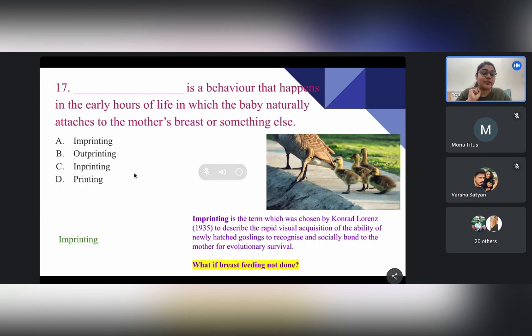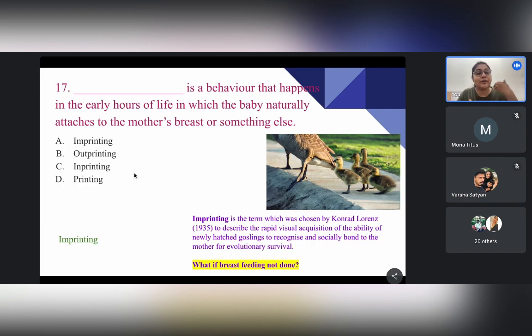Now say for suppose there is somebody who did not initiate breastfeeding, and she initiated bottle feeding for the first time. The child will now have the tendency of treating that as the normal.